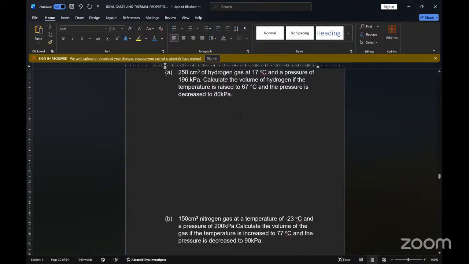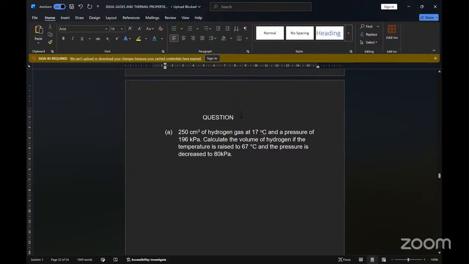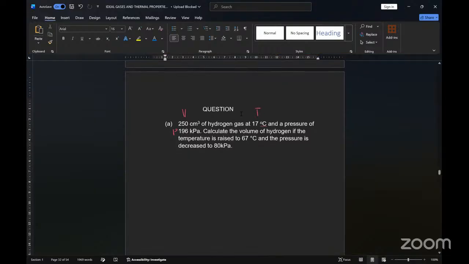I think I may have to skip some questions depending on the time available. Okay, so this one says 250 centimeters cube of hydrogen gas at a temperature of this and a pressure of this. So this is volume, this is temperature and pressure. You cannot use any of those gas laws because they deal with two variables.